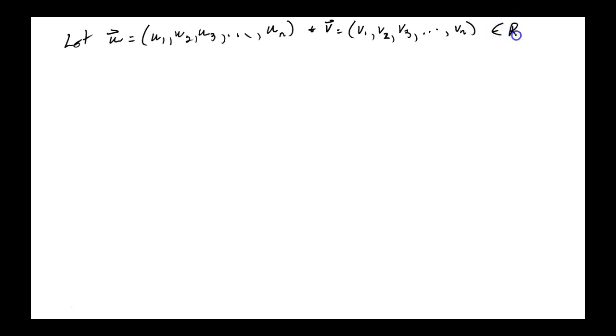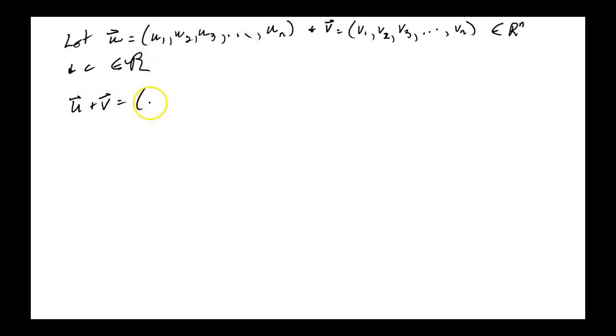Elements in Rn, whatever n is, 3, 2, 7, 14, whatever. And we want c to be any real number. Okay, now that's the real number system. Sorry, we're using R for both of those, but c is a number in the real number system. Then the sum u plus v would be defined just like we've done it before.